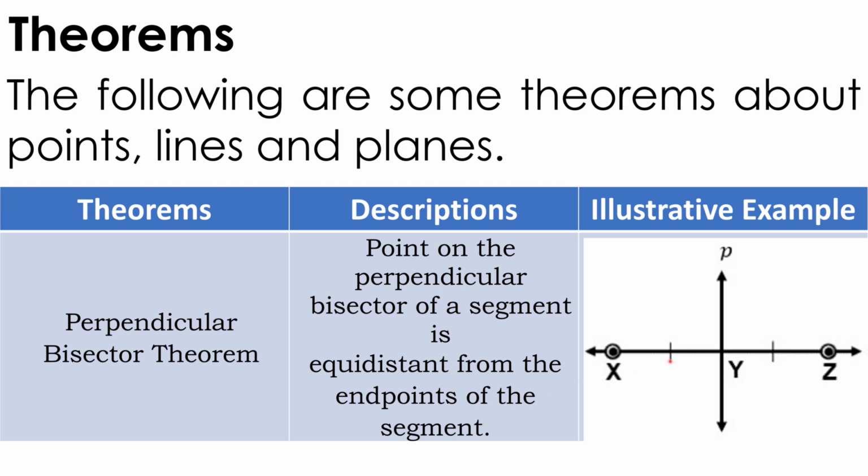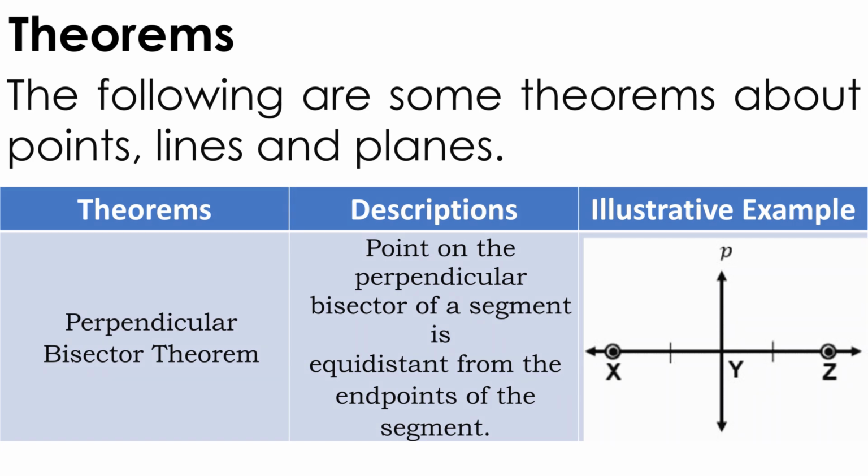So, since line segment XY is congruent to line segment ZY, then Y is equidistant from the points X and Z, meaning Y is in between X and Z, showcasing equal distance from 2 points. That is perpendicular bisector theorem.